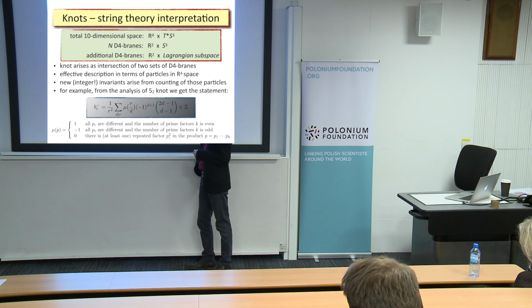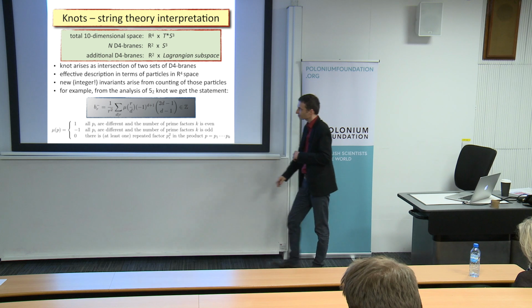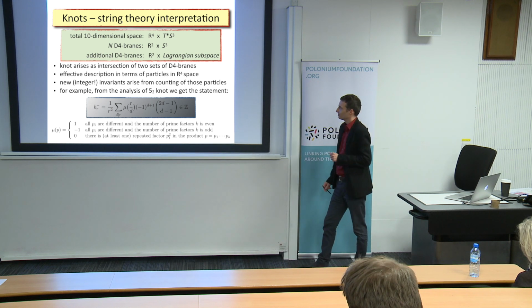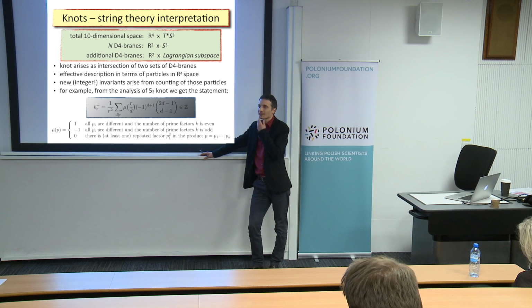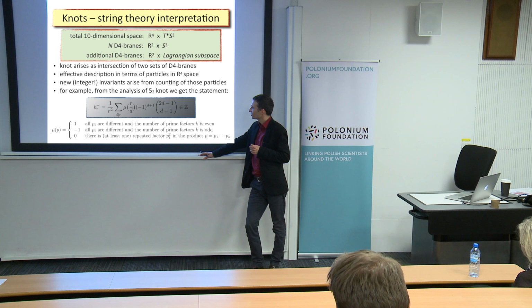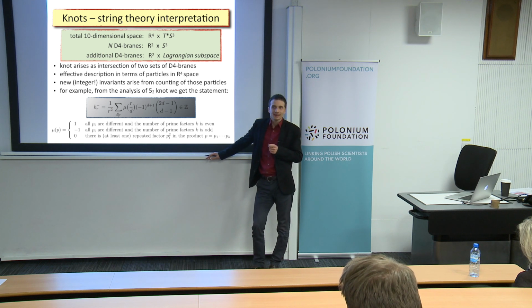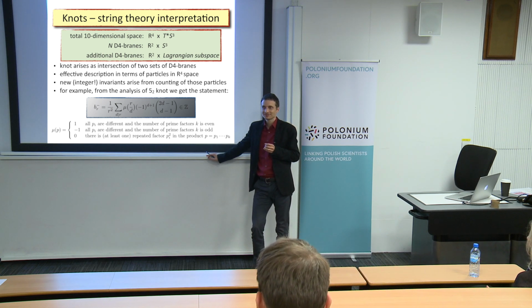So we can get also this type of statements from some string theory consideration. So this might be interesting for those of you who are interested in theoretical physics or mathematics. And I'm afraid I cannot explain more details about that. I might answer some question if someone would have at this moment.